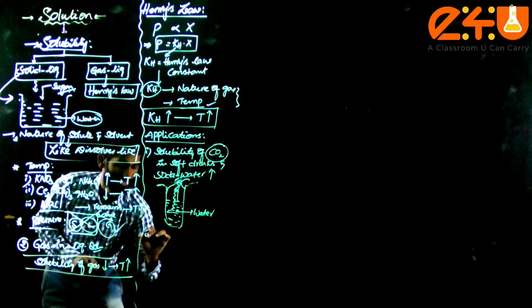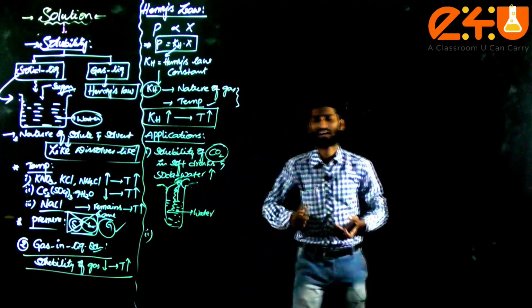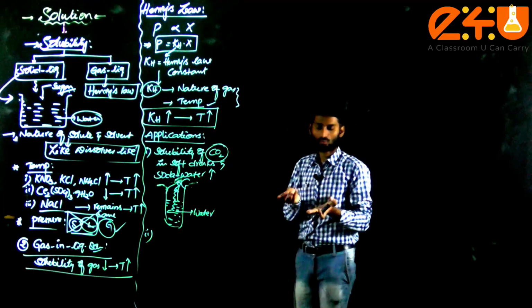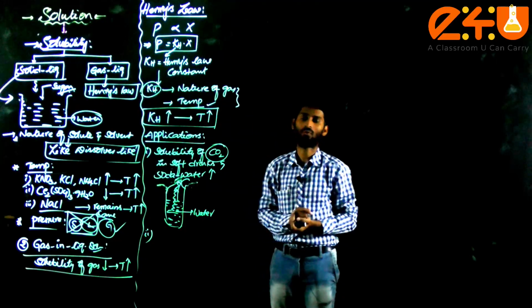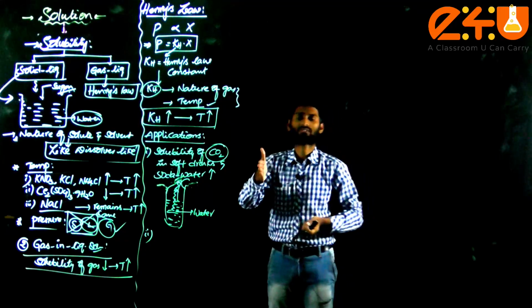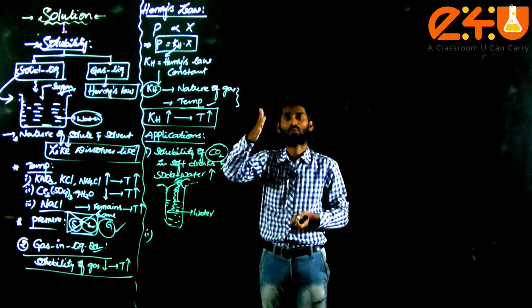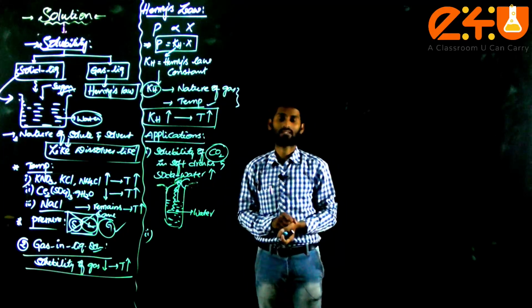Next one, second application here, very important. Generally the partial pressure of oxygen decreases when you go towards higher altitudes such as mountains, where, as you know, they carry oxygen cylinders. The partial pressure of oxygen decreases when compared to ground level. If the partial pressure of oxygen decreases, then what will happen?